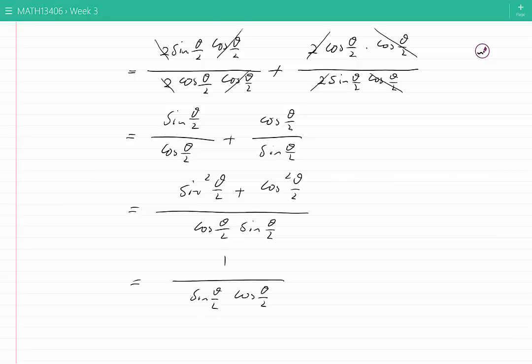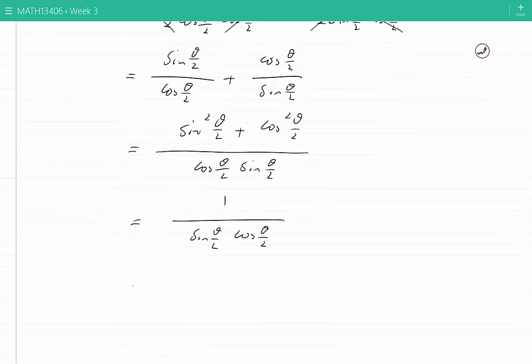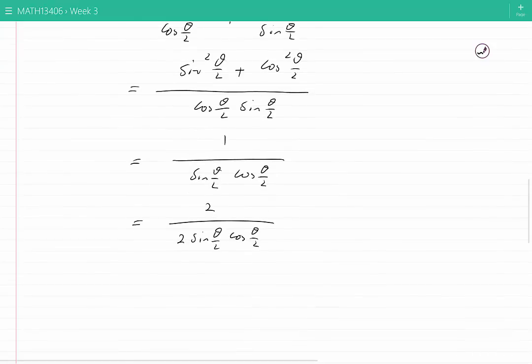I can now multiply the numerator and denominator by a 2, and I would find 2 over 2 sine theta by 2 cos theta by 2, with the denominator being the same as sine theta, and this is 2 cosecant of theta, which is the left hand side.